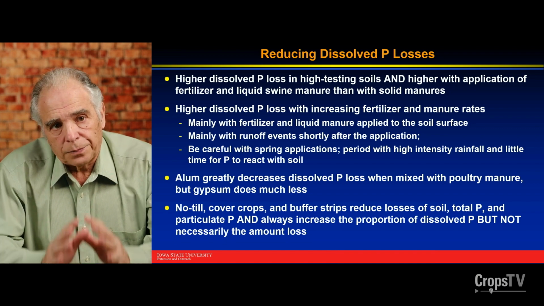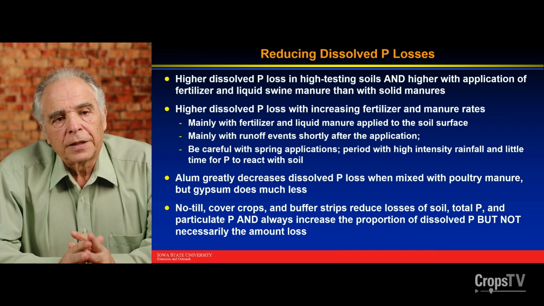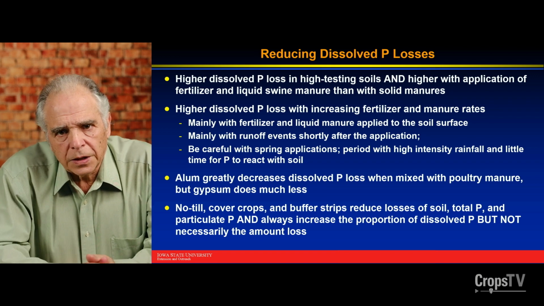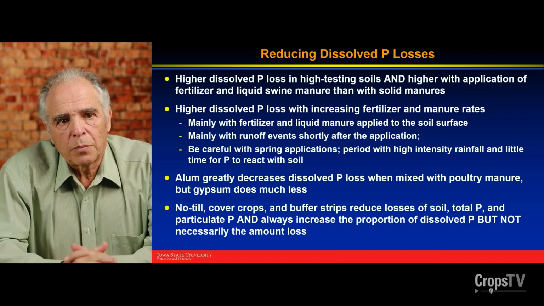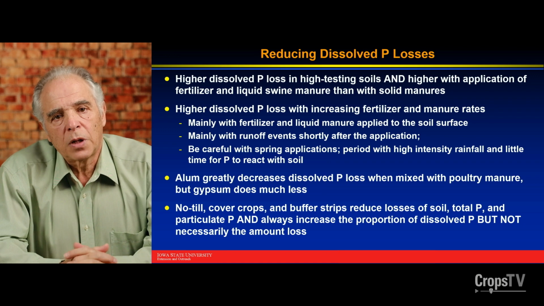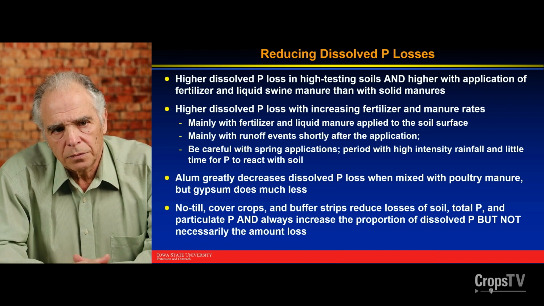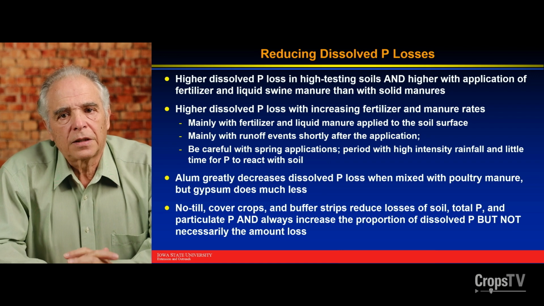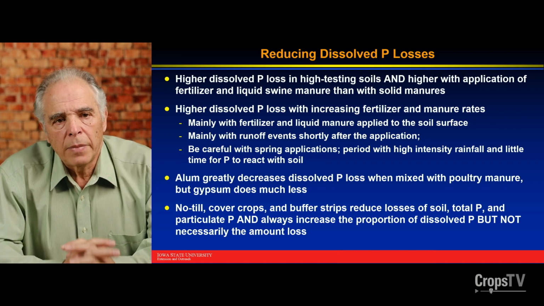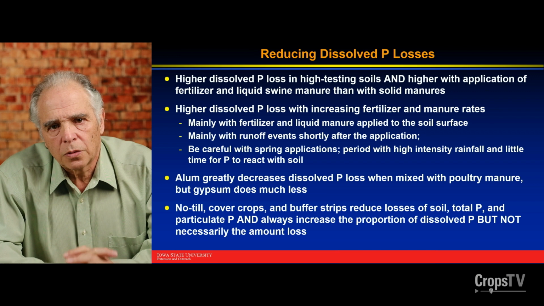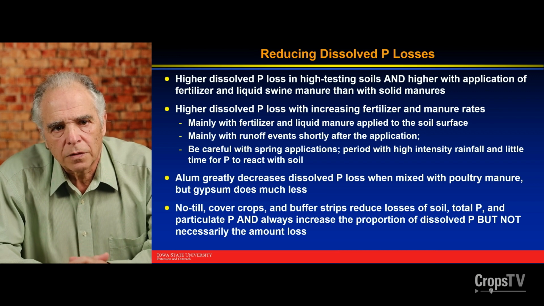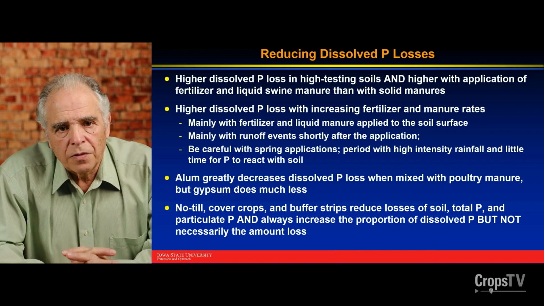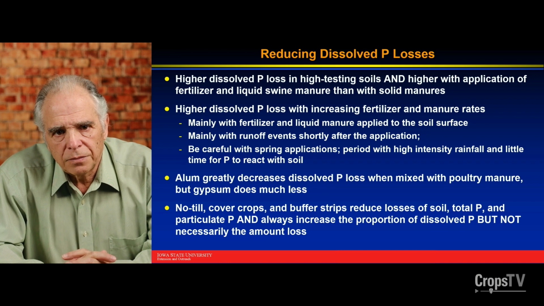So, in conclusion, there is higher dissolved P loss in high testing soils and higher with application of fertilizer and liquid manure than with solid manures. There is higher dissolved P loss with increasing fertilizer and manure rates. Mainly with fertilizer and liquid manure applied to the soil surface, and mainly with runoff events shortly after the application.